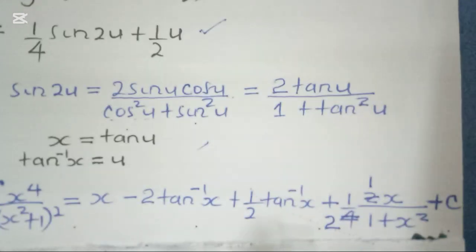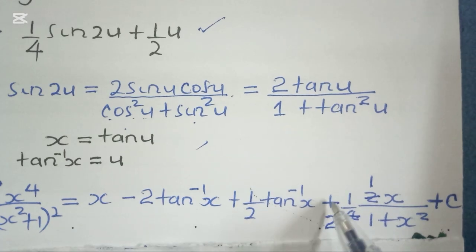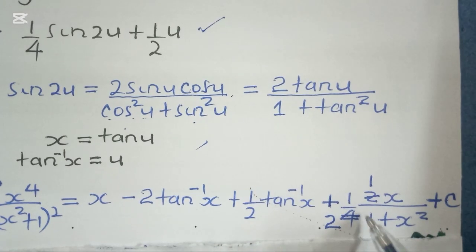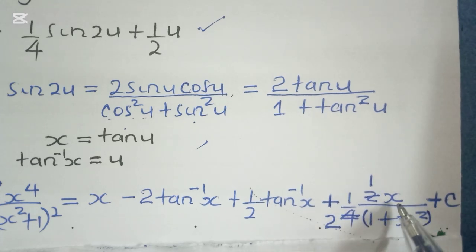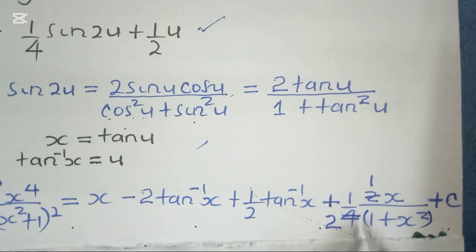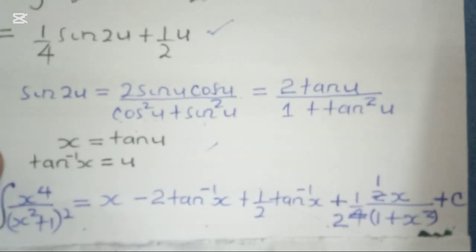So we shall have that as our solution. This is going to be plus x over 1 plus x squared, all that in brackets, plus c. So this is our solution.